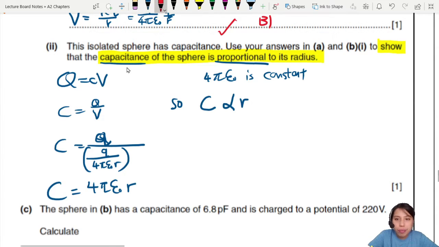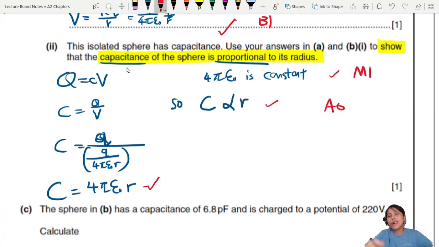So here is just 1 mark. If you did this and concluded that 4 pi epsilon naught is constant, then you get the method 1 mark, the M1 mark. That's just to tell you, you should get here with all the conclusion above. Otherwise, you might lose your M1 mark.